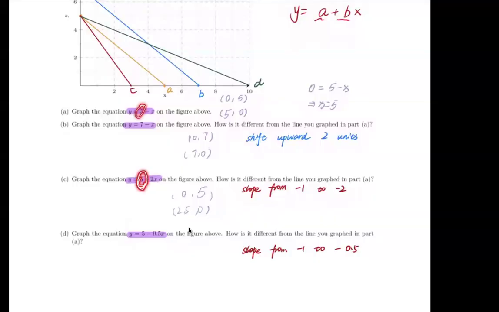Because when x is 0, y equals 5. But the slope of C is -2. For A, the slope is -1. This is the difference. And for D, the intercept is the same, but the slope is -0.5. So this is the difference between them.